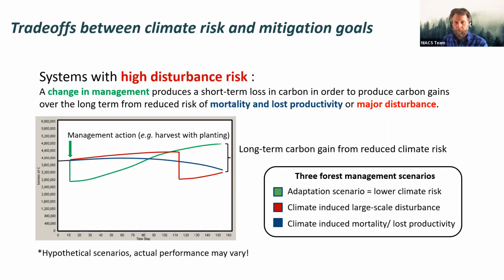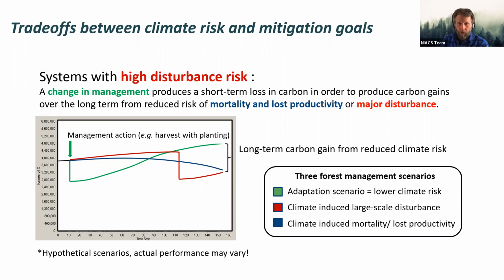We could imagine in a system where there's a high risk of some kind of disturbance, that we might implement a management action that has a near-term loss in carbon, that then sets the system up to be more adapted to future conditions, reduces risk into the future, so that over time, you get a net gain in carbon from reduced climate risk as that system rebounds, regrows, and is more adapted to those future conditions. And that's shown in that green line as an adaptation scenario.